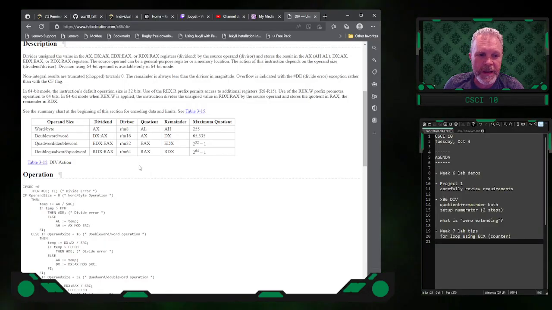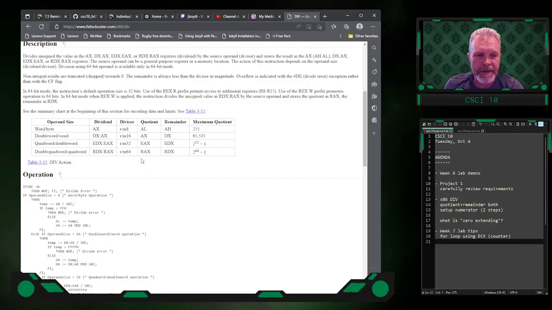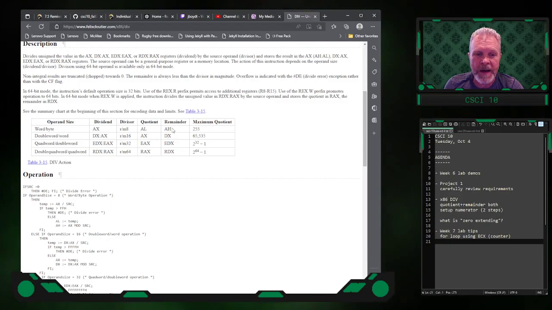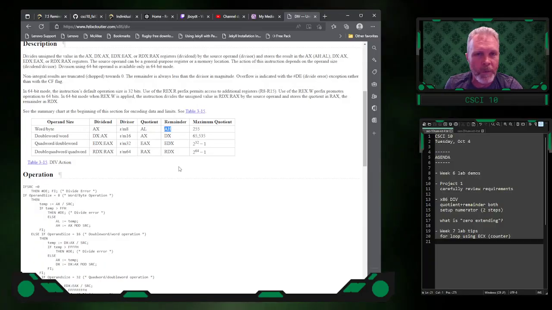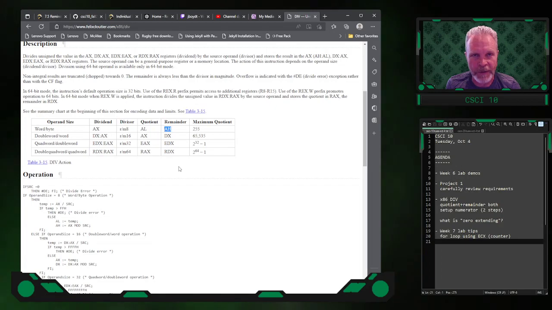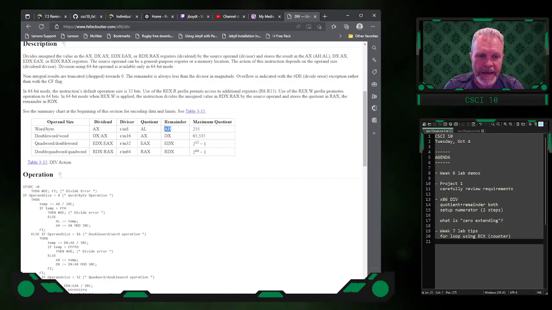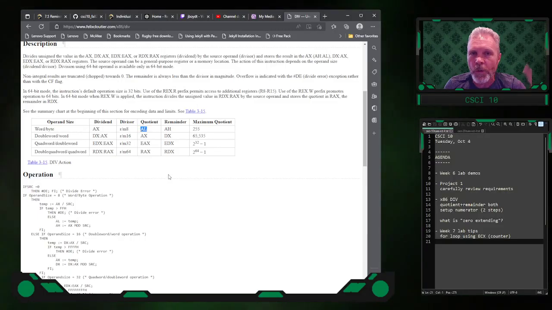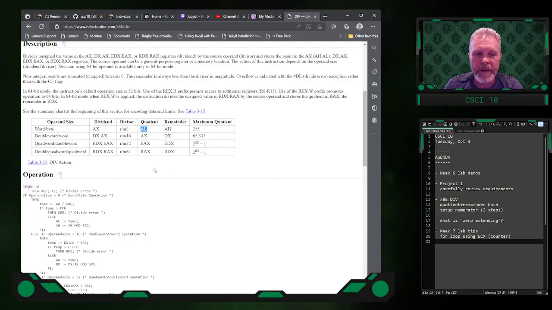What you get for free when you divide 2 numbers in x86 is you get a quotient, and at the same time you also get the remainder all at once. So if you are interested in the remainder of dividing one 8-bit by another, you simply check AH and that gives you the remainder. If you're interested in the quotient, the whole number part, then you check AL.